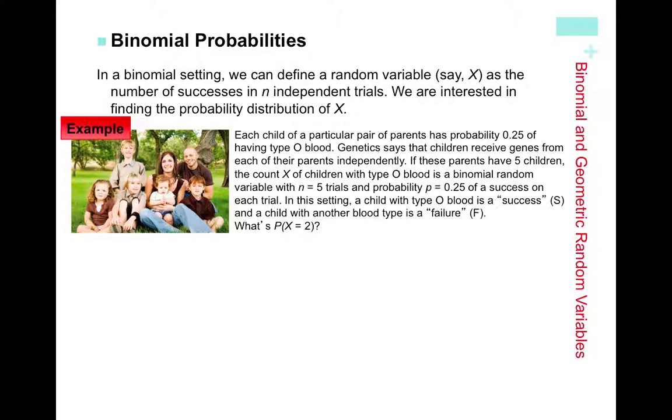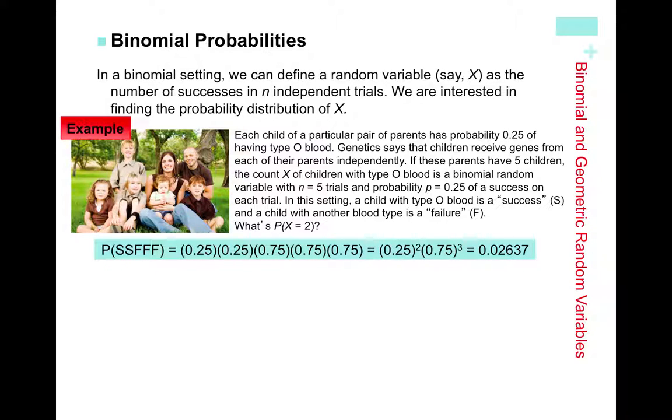So let's continue with this scenario from the previous slide, but now we're looking at what if exactly 2 of the children would have type O blood. Because the method doesn't depend on the setting, we'll use S again as success and F again as failure.